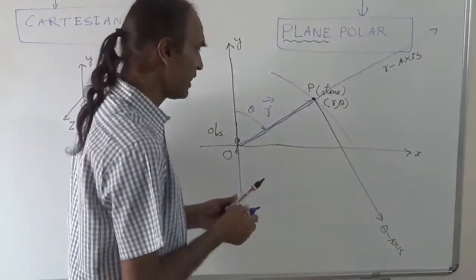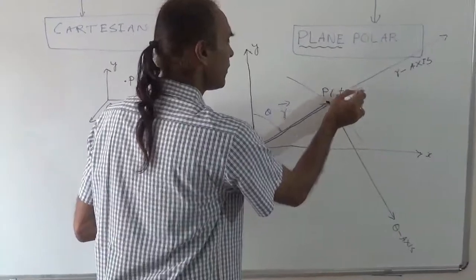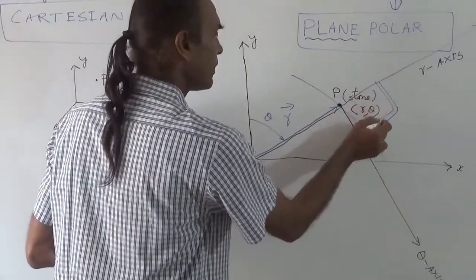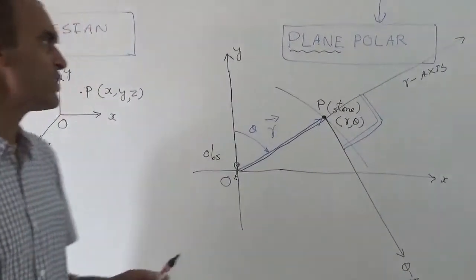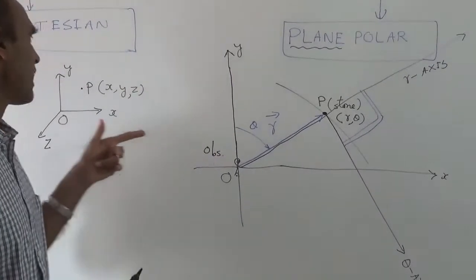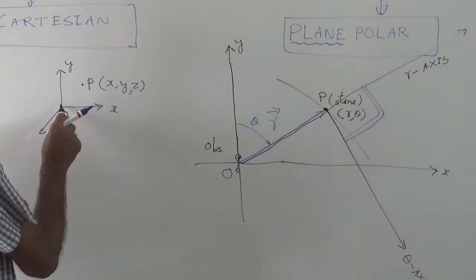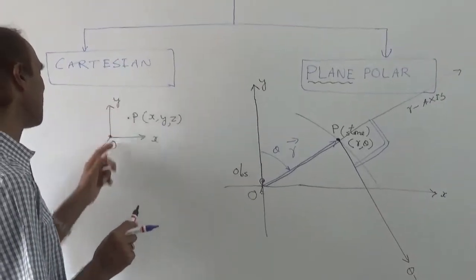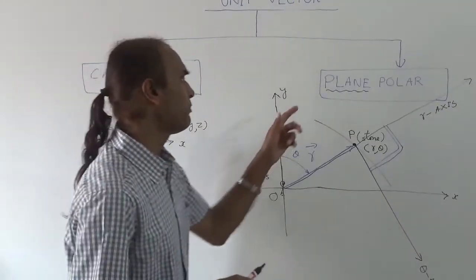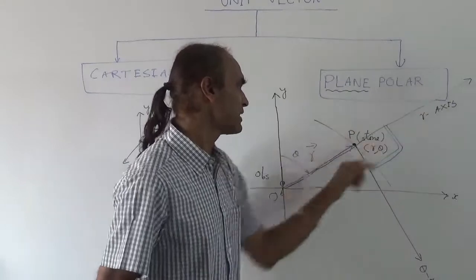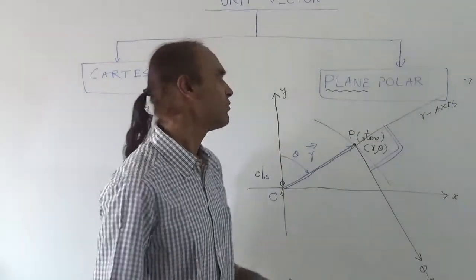The r-axis and theta axis are both mutually perpendicular. In any coordinate system, these axes are mutually perpendicular. In the Cartesian coordinate system, the x-axis, y-axis and z-axis are mutually perpendicular. In the plane polar coordinate system, the r-axis and theta axis are mutually perpendicular.